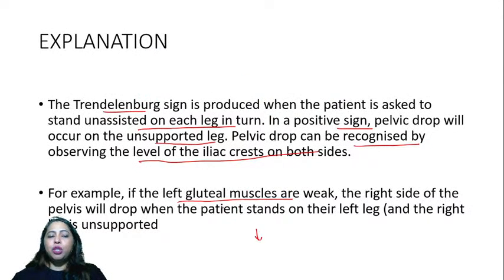Okay. When the patient stands on their left leg and the right leg is unsupported, it is vice versa. So you must remember, if the left gluteal muscles are weak, the right side of the pelvis will drop, and vice versa. So this is called the Trendelenburg sign, and on the opposite side, the shoulder will get lifted up.